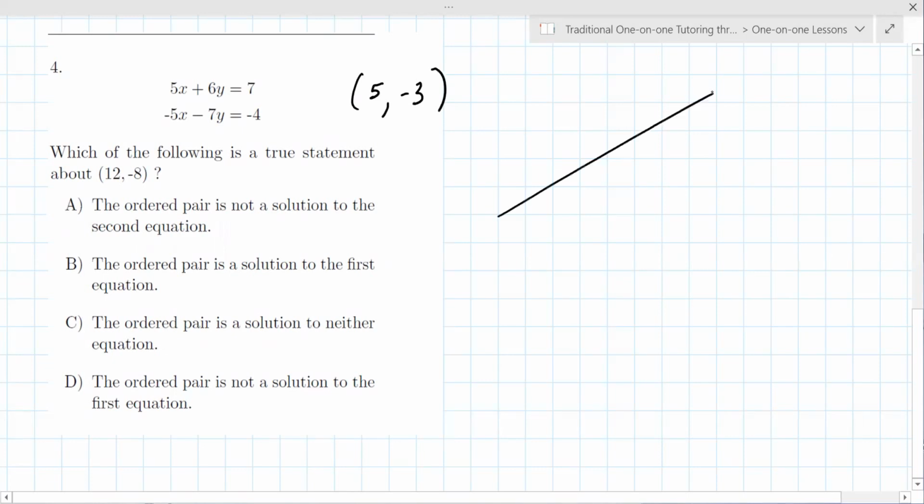So again, if you go back to our picture, that's that point. We actually don't know where 12 minus 8 is. It could be on one of the lines or the other or here. And the only way to know is to test that point in each equation.